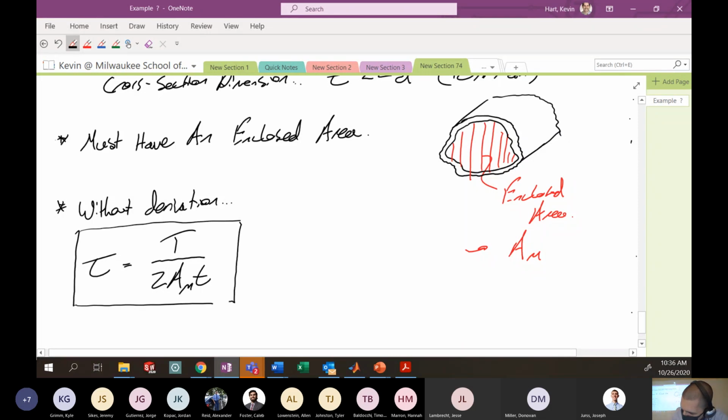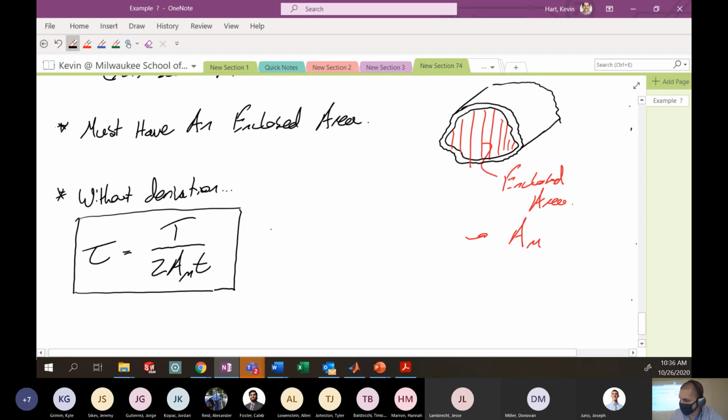Now we're back to using little t for reasons I don't know. And your angle of twist phi is T, that pesky zeta coming in again, L, all over 4G. Not 5G, 4G. A_m squared t.